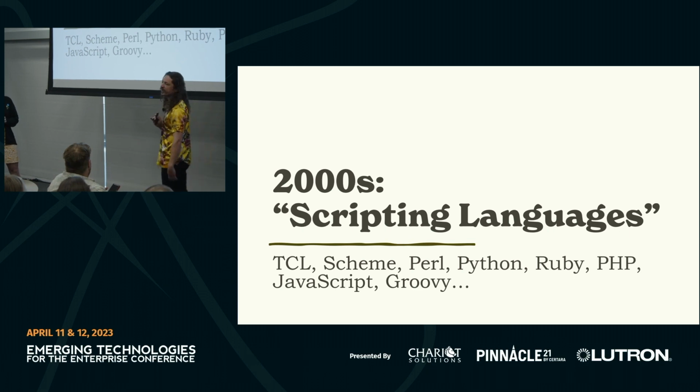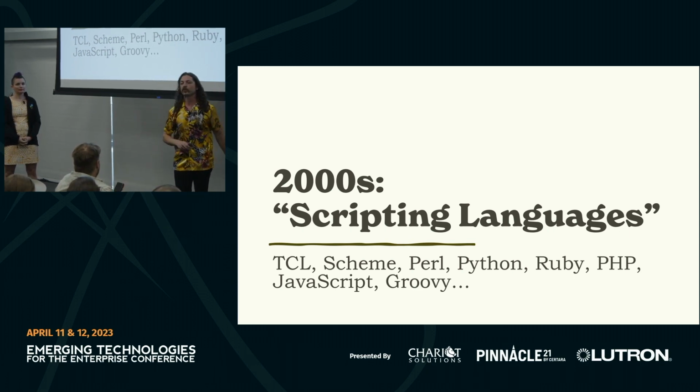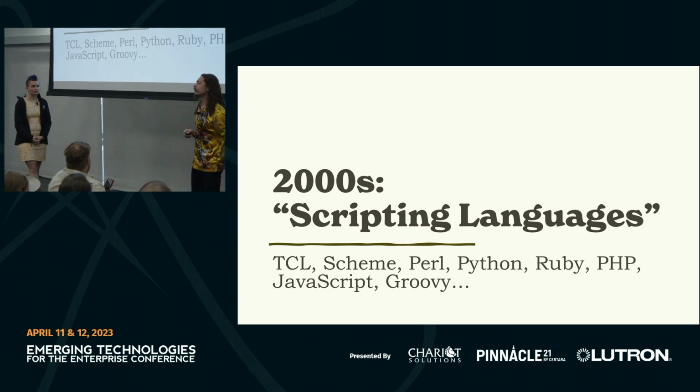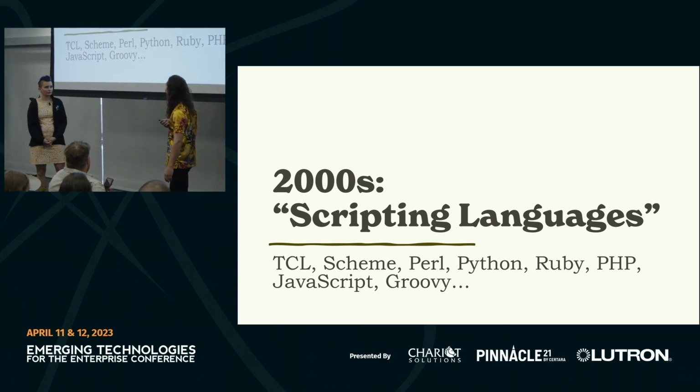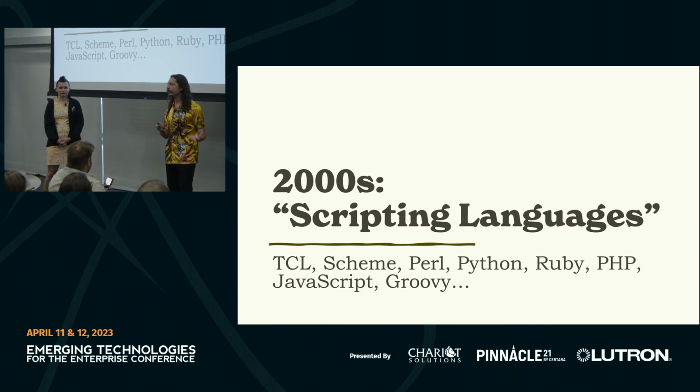Another thing that happened in that era was we kind of had this sudden explosion of so-called scripting languages. We had your Perls and your Pythons and your PHPs and your Rubies. And what was interesting about these, and one of the things that made them so attractive, was that they all came with a REPL. And as a matter of fact, if you opened up the initial tutorial for any of these, the first thing it would tell you is open up this REPL program and start typing in these expressions that we're teaching you, and you could see the results of those expressions as soon as you type them in.